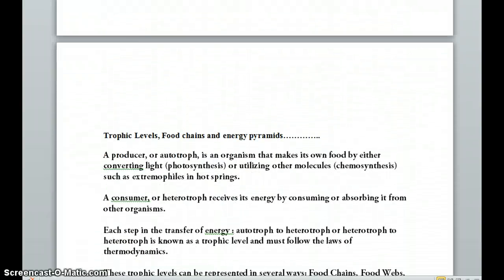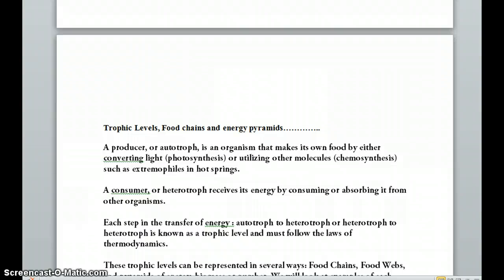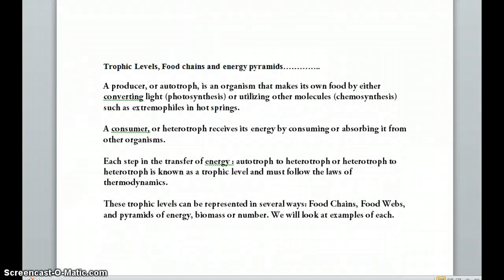All right, this leads us to trophic levels, food chains, and energy pyramids. And again, some of this is going to be review for some of you, but not for others. A producer or autotroph is an organism that makes its own food either by converting light, so you may hear them referred to as photoautotrophs, also known as plants or photosynthetic algae. There are some photosynthetic protists as well, or utilizing other molecules.